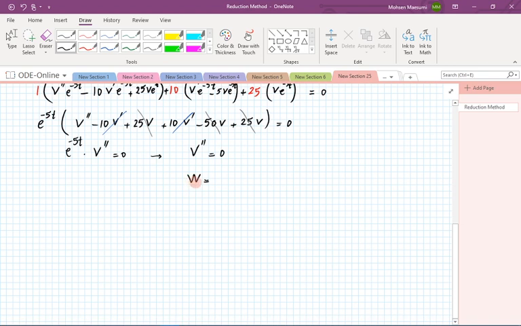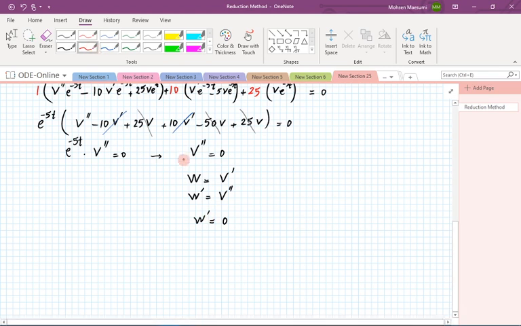So what we are going to do is take w to be v prime. So if you're looking at the v double prime is w prime. So if you're saying v double prime is equal to 0, you are really saying w prime is equal to 0. Well, this was second order. This is first order.